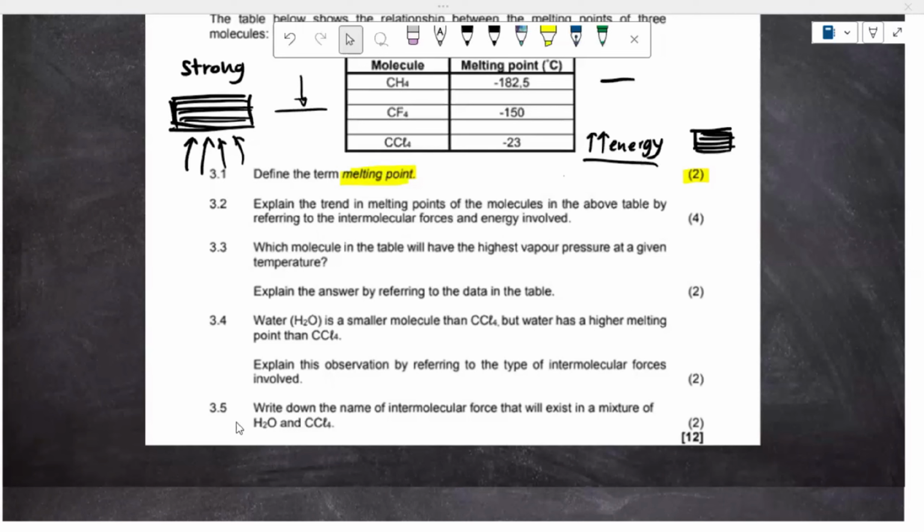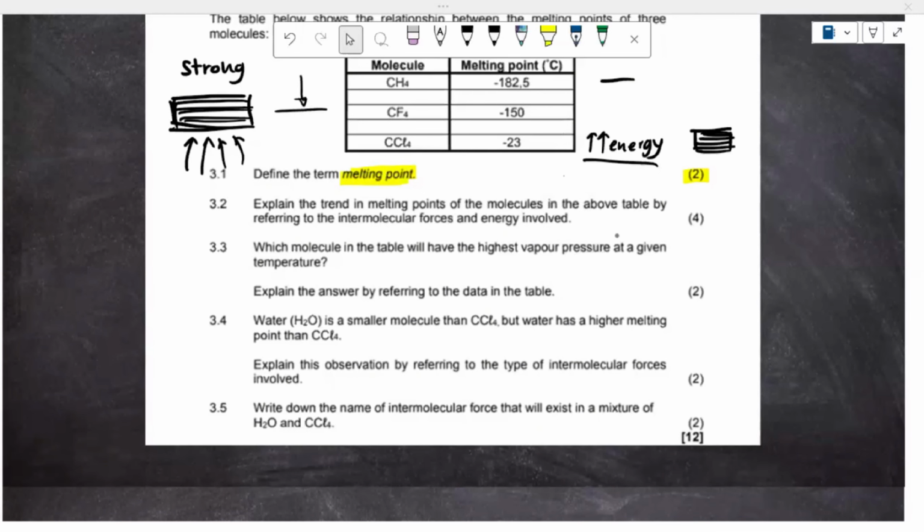Okay. Thank you. For those of you that didn't hear, I'll repeat it again. Your melting point is the temperature at which a solid is changed to a liquid. Essentially, when your solid starts melting.